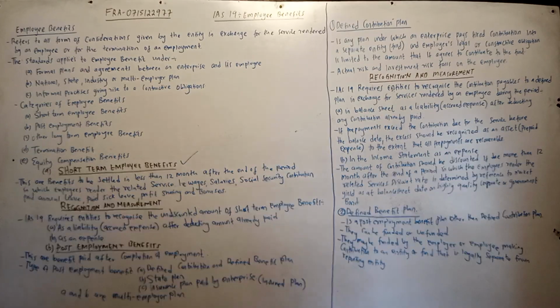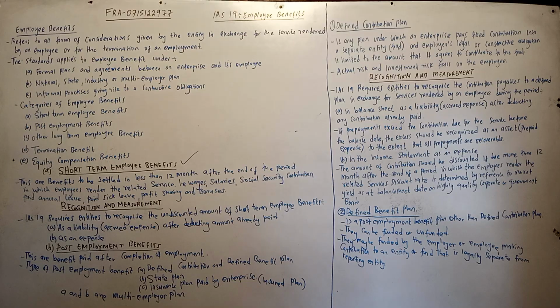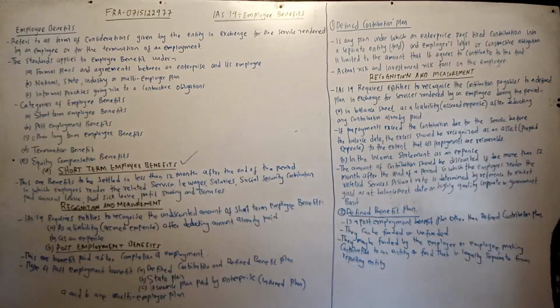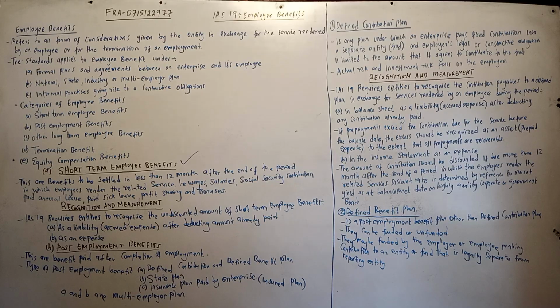Number two, we have the post-employment benefits. These are the benefits paid after completion of an employment or after retirement, mostly. So when a person retires, then that will be the post-employment benefit that they get. For example, post-employment medical care or post-employment life insurance.